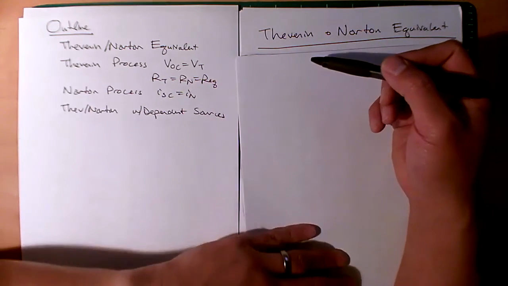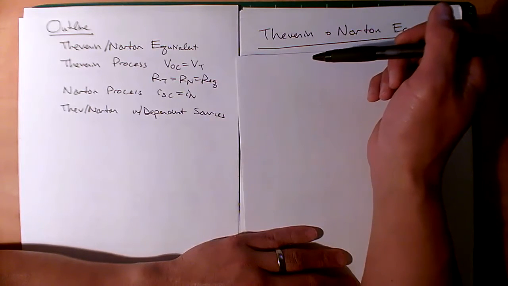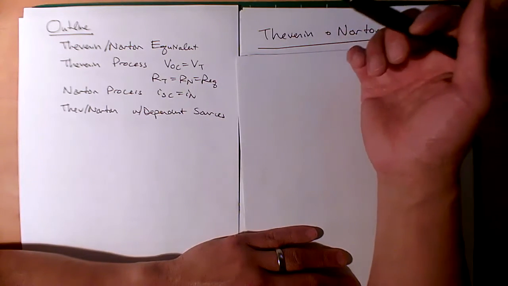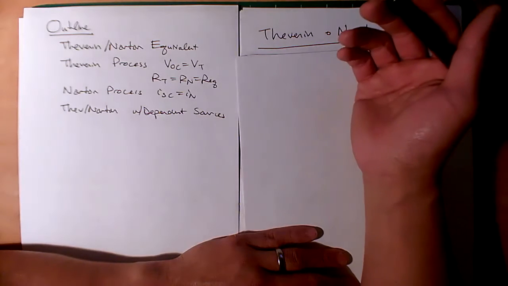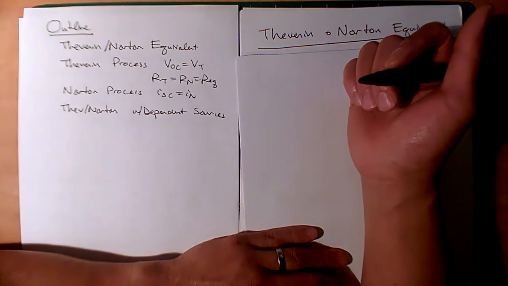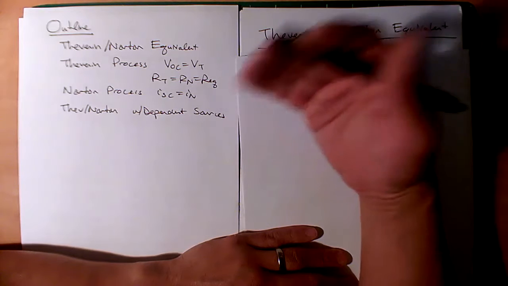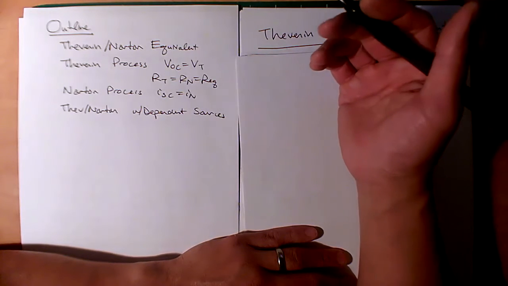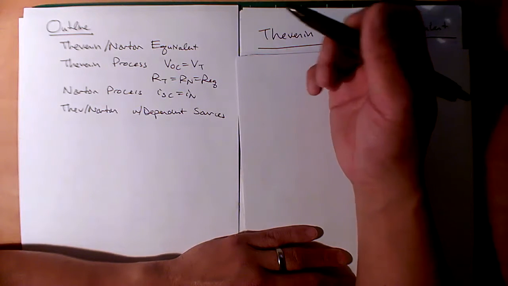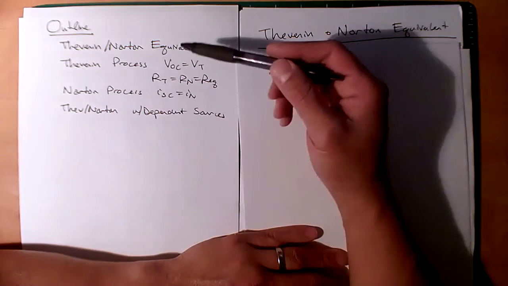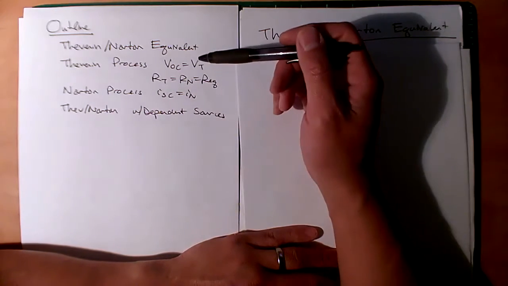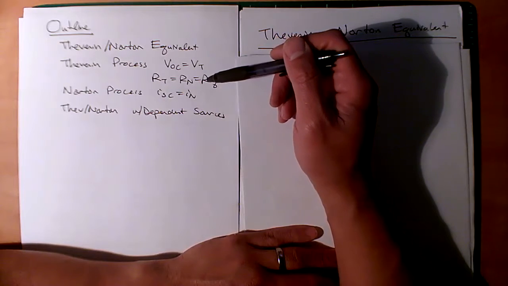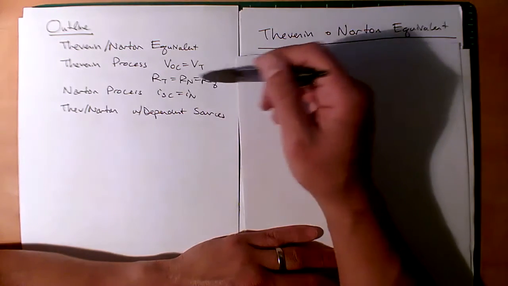All right. What I'll do is motivate it with a reason why we would want to do this. It's similar to why you would want to reduce multiple resistors down to something simple: it makes it easier to understand and easier to analyze. We'll go over the process, how you would actually find a Thevenin and Norton equivalent, and you'll see the resistor part is actually the same.